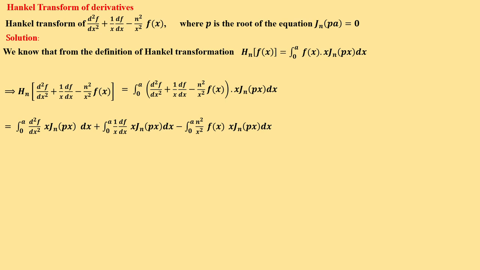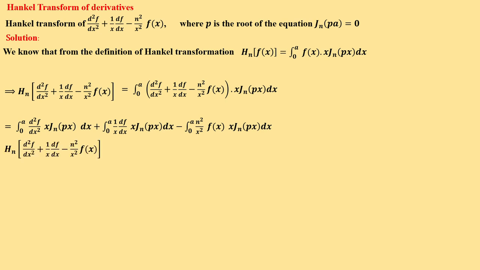So first one, the integral from 0 to a of d²f/dx² x Jn(px) dx, plus the integral from 0 to a of (1/x) df/dx x Jn(px) dx, minus the integral from 0 to a of (n²/x²) f(x) x Jn(px) dx.